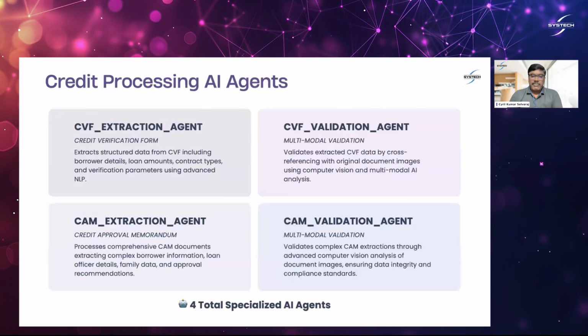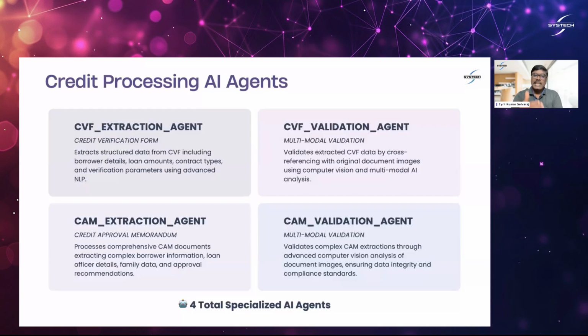So we have built 4 specialized AI agents. 2 agents are for extracting the CAM and CVF documents, and 2 agents are for validating the accuracy of the data. These 2 extraction agents extract those key fields which you have seen in the previous slides.